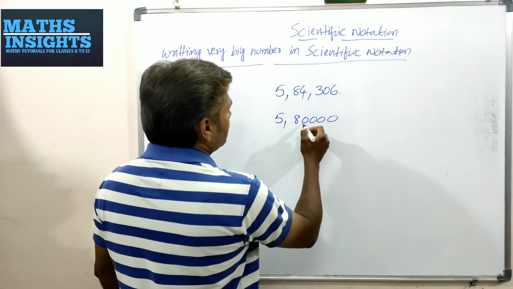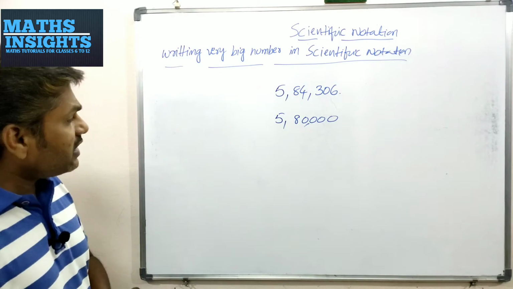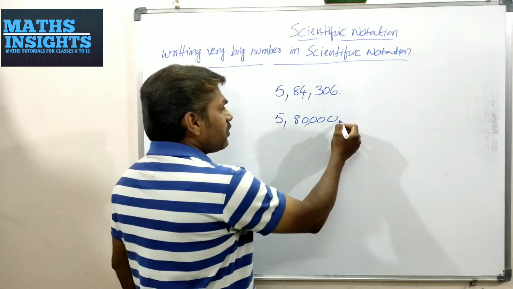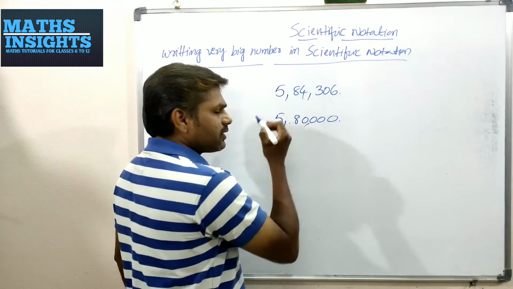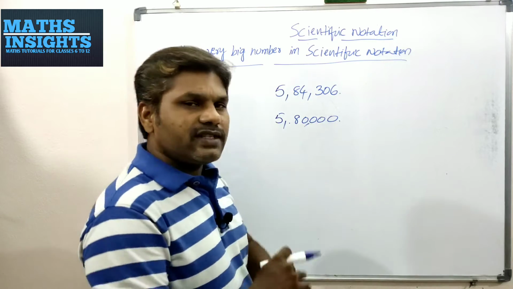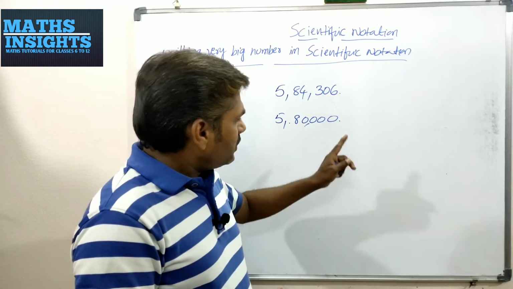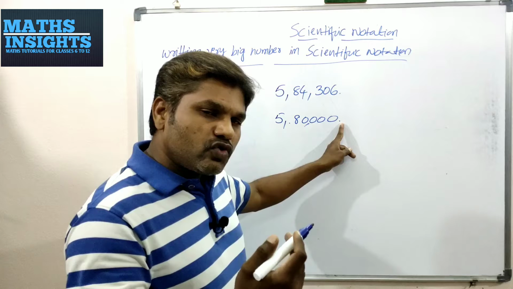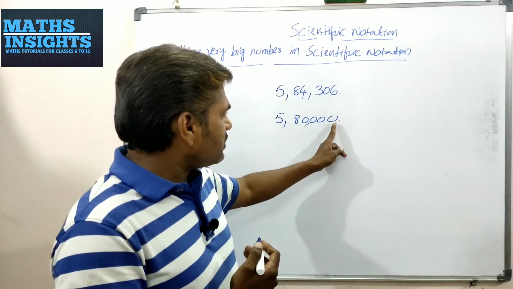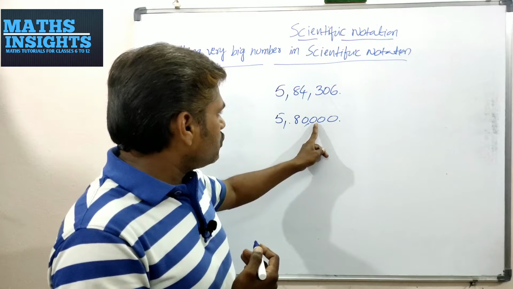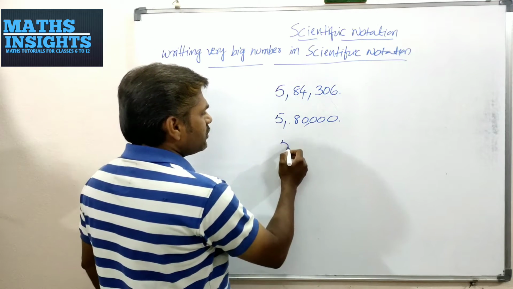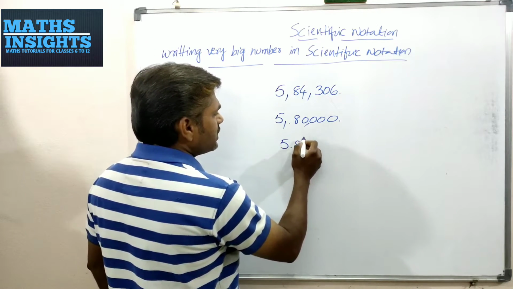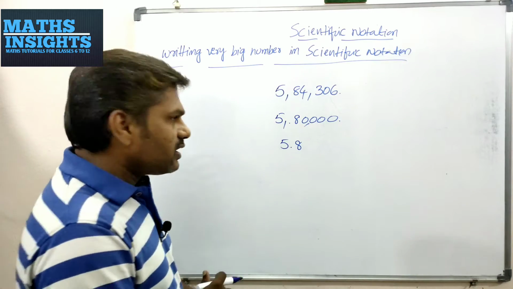Otherwise, if you take 5,80,000 and I want to write that in scientific notation, the decimal point is here. I want to move this decimal point here, which means you are decreasing the value of the number. You are moving the decimal point towards the left. How many places? 1, 2, 3, 4, 5. I am placing the decimal point here, 5.8.